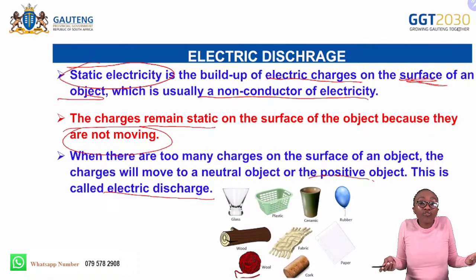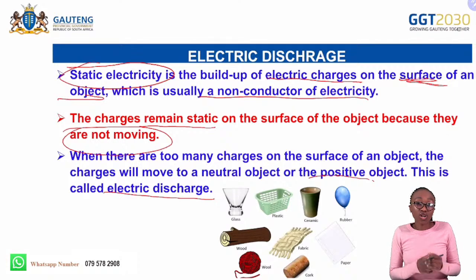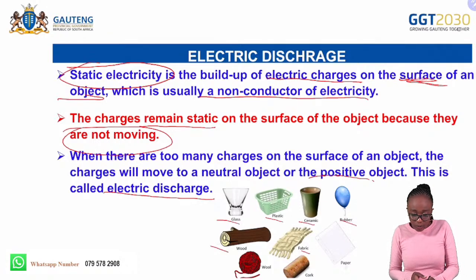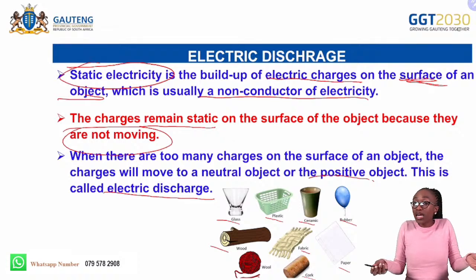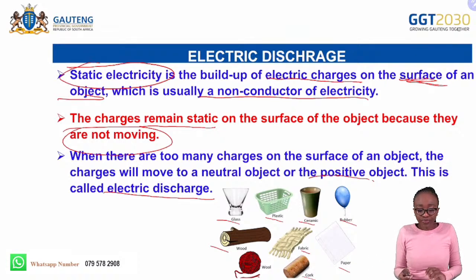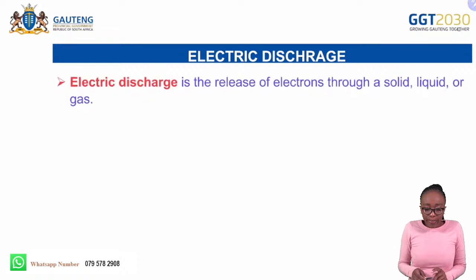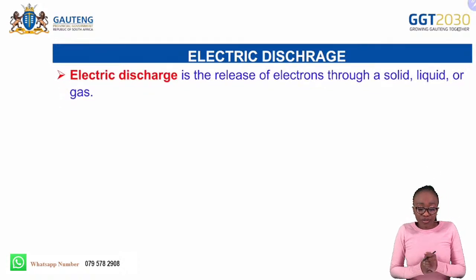Let's look at the different materials that can actually discharge electricity if, however, they are charged. We've got glass, plastic, ceramic, rubber, wood, fabric, paper, cork, and wool. All of these are capable. So that's why sometimes your skirt sticks to your legs. Okay, so now let's talk more about electric discharge.